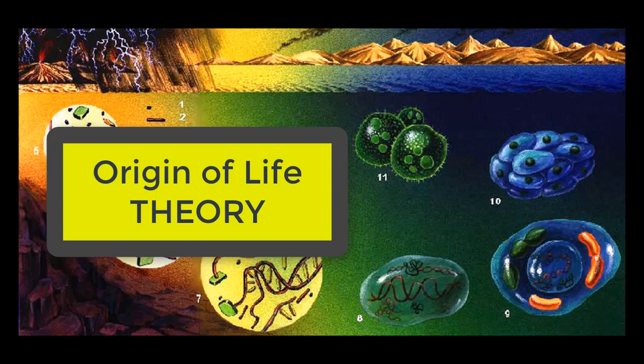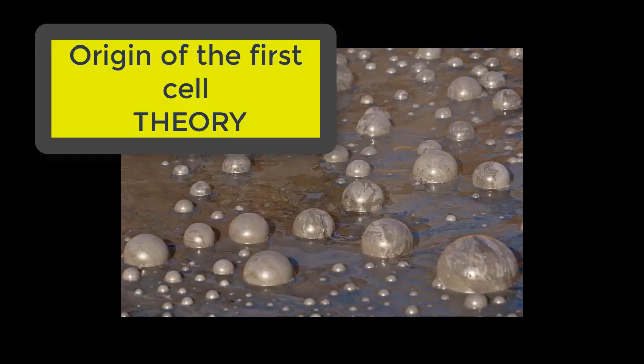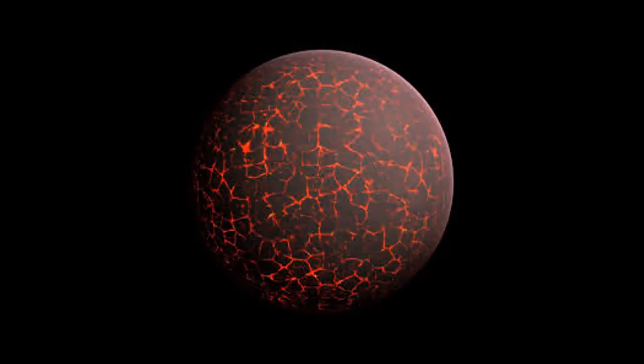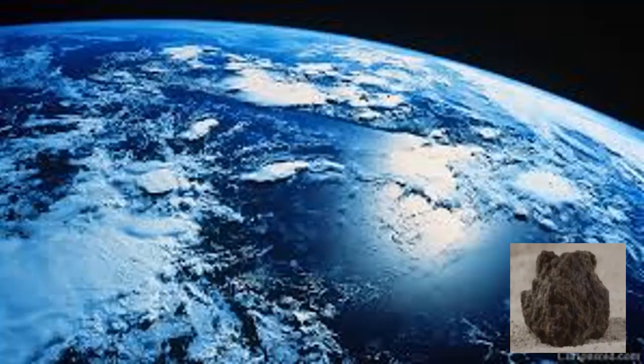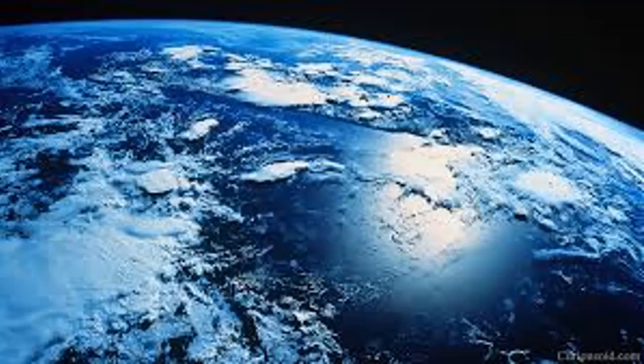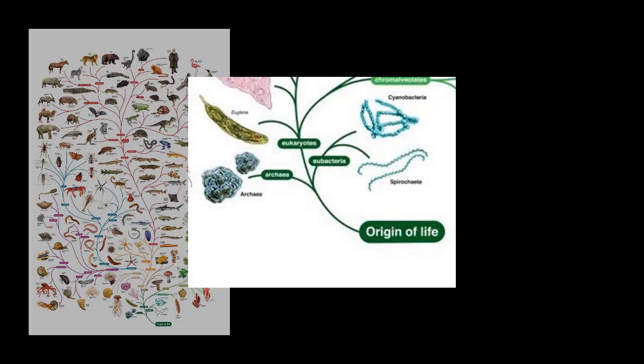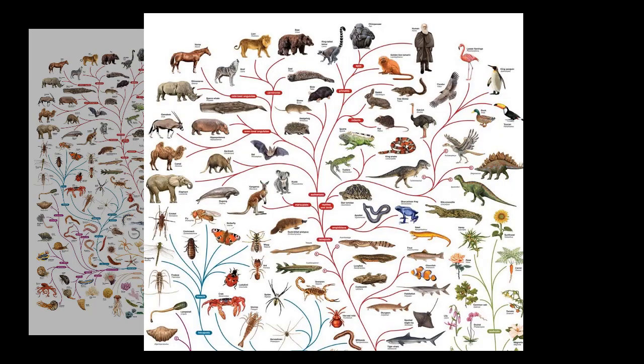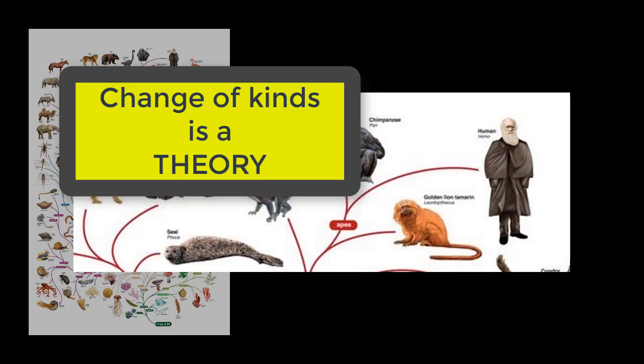Almost all origin of life theories, the origin of the cell, even the origin of the universe through the nebular hypothesis, or whether it's the age of the earth or the age of the universe, evolution where one kind changes into another kind, where the fish become amphibians and amphibians become mammals and mammals become man.